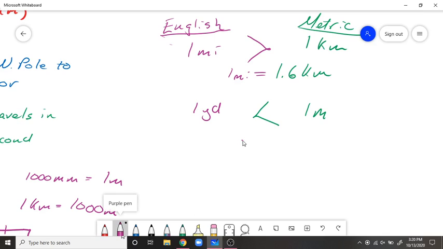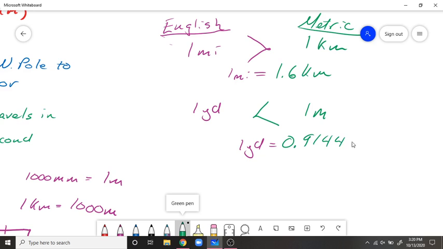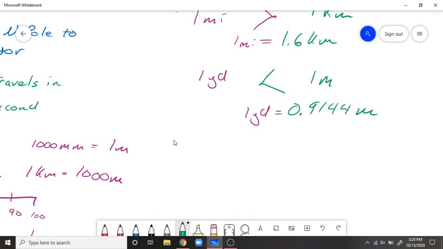1 yard is equal to 0.9144 of a meter. And finally, I asked, which did you guys think was bigger? 1 inch or 1 centimeter?